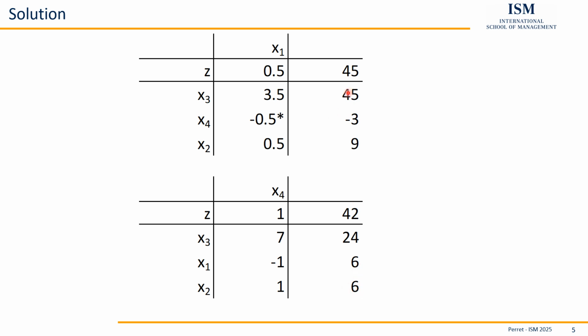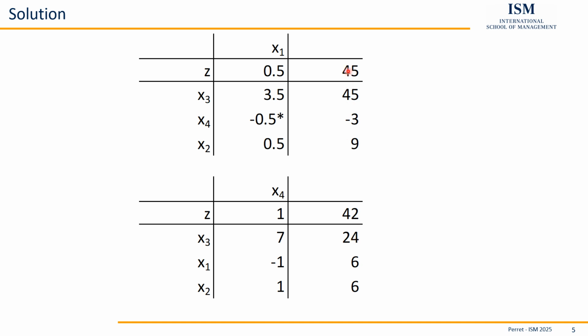For the 45, I have this rectangle. So 45 minus 3.5 times minus 3 divided by minus 0.5. This will give me, in the end, 21. I have 3 minuses, evening out to 1 minus, so I have 45 minus 21, giving me 24.